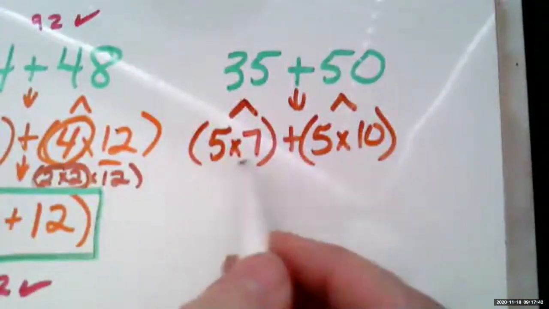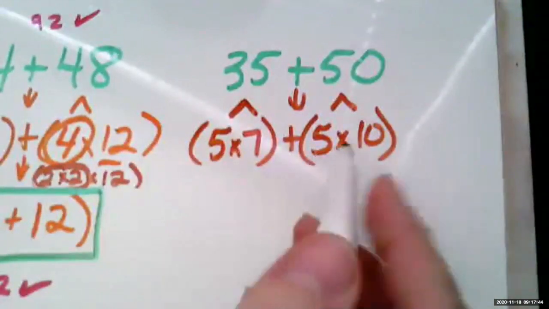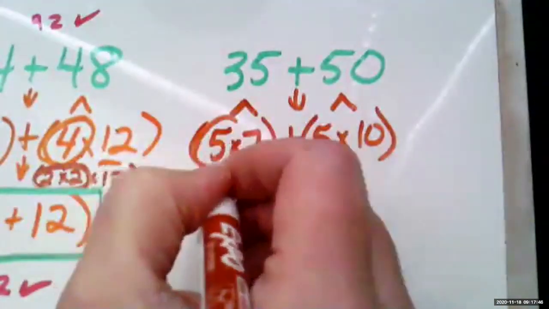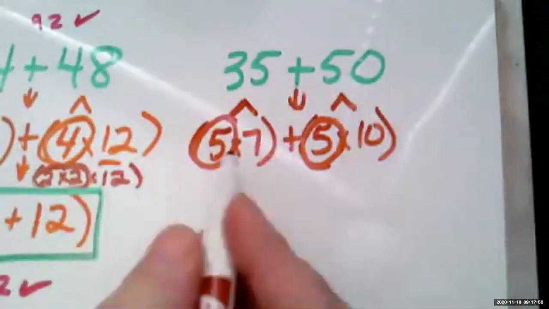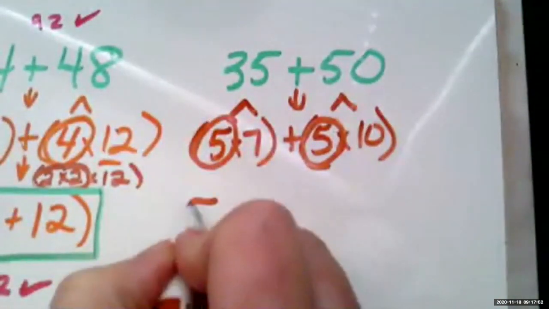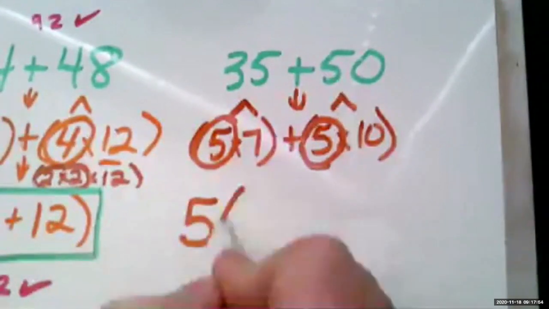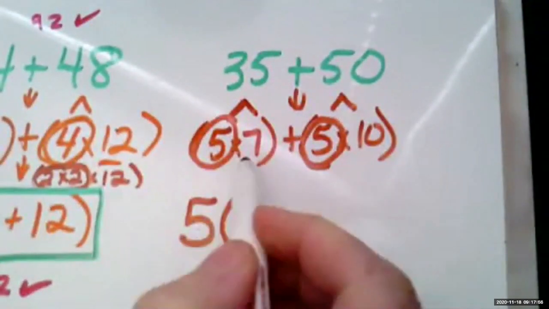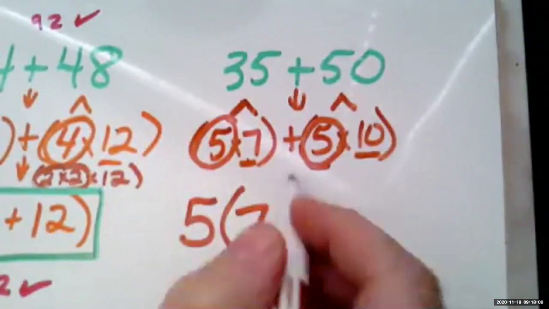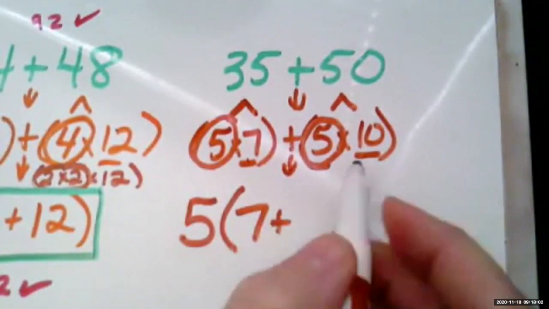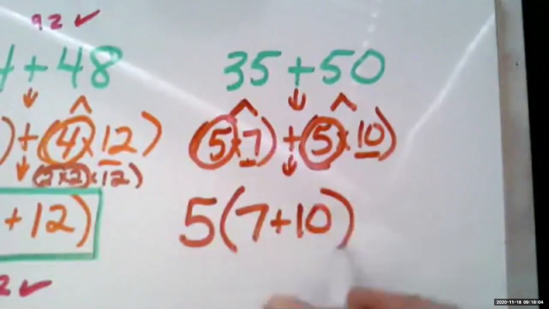And these are great numbers to use because automatically I see that they have a 5 in common, and that is the greatest common factor. So I bring it outside of the parentheses, I distribute that out, and I use the rest. I have a 7 left from the 35 and plus sign. I have a 10 left from the 50, and those do go inside the parentheses.